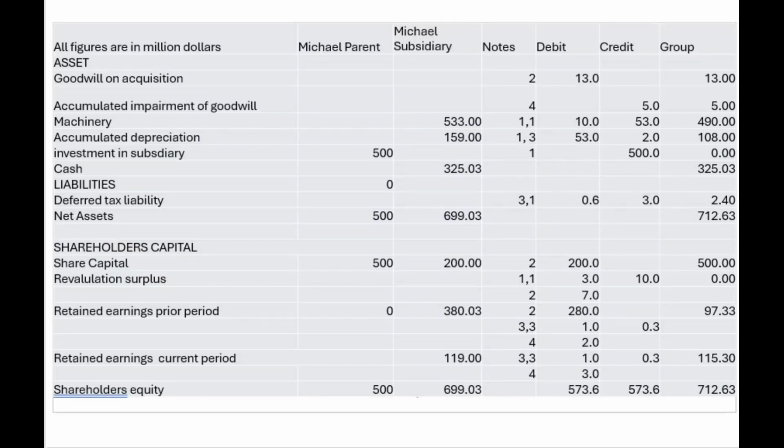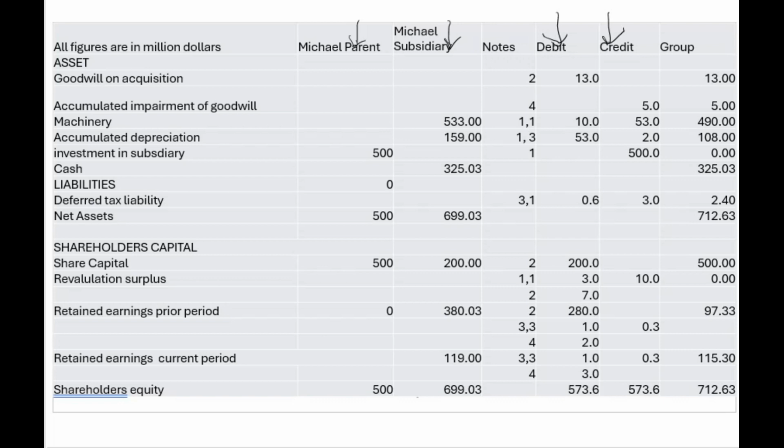Now we are in a position to enter our consolidation entries in the consolidation worksheet in the adjustment columns of debit and credit. We have the Michael parent and Michael subsidiary as at 20X2.